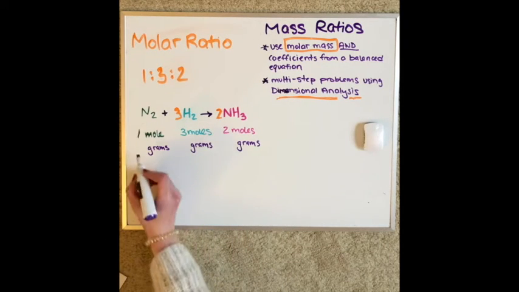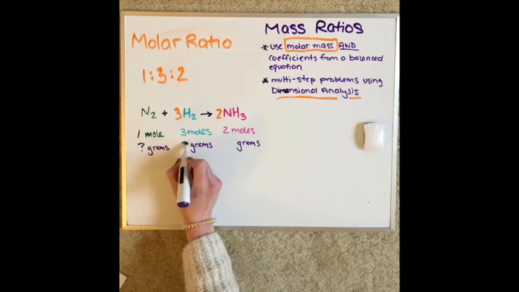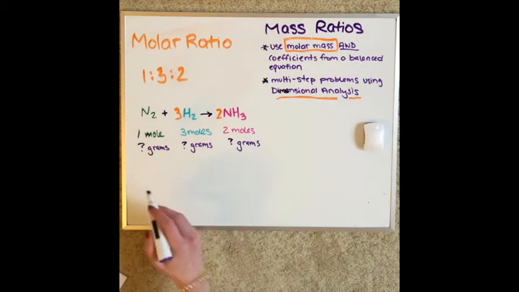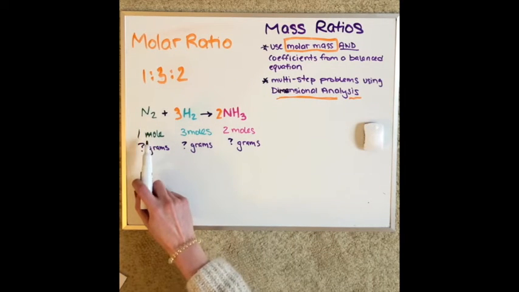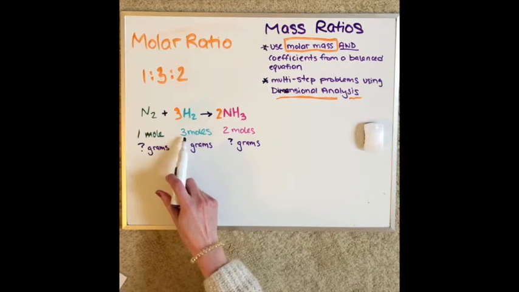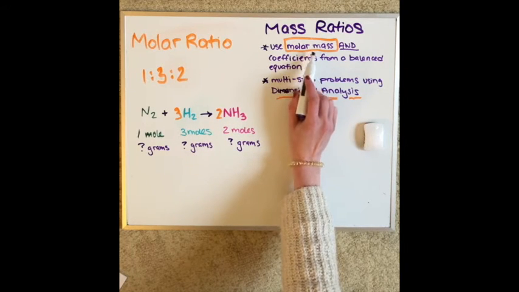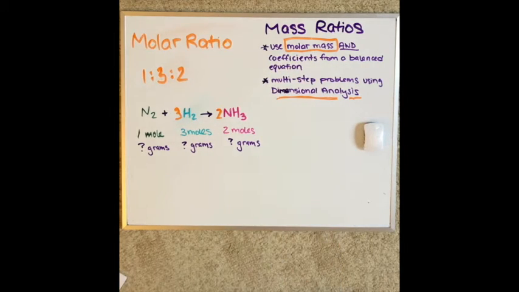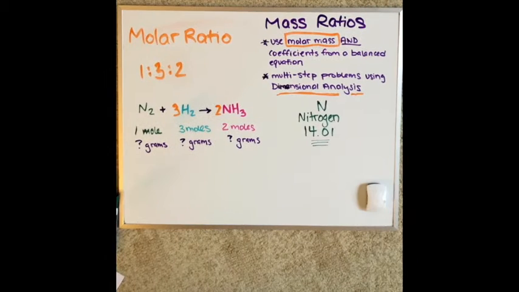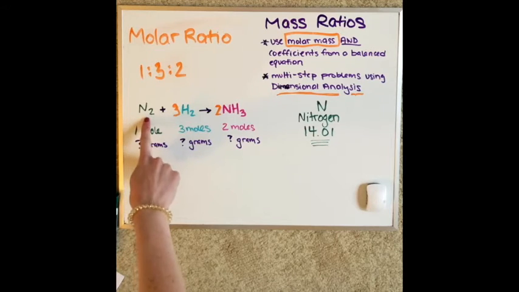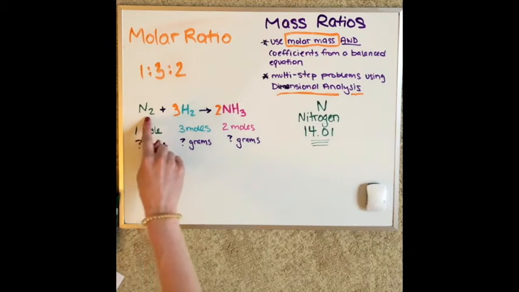What we need to figure out next is what would be the mass of each thing in grams? And it's not as easy as just taking whatever N2 is and multiplying by 3 or multiplying by 2. You actually have to look at each individual substance and its molar mass. Okay, so let's start here with nitrogen. So nitrogen exists as N2. It's a diatomic molecule.